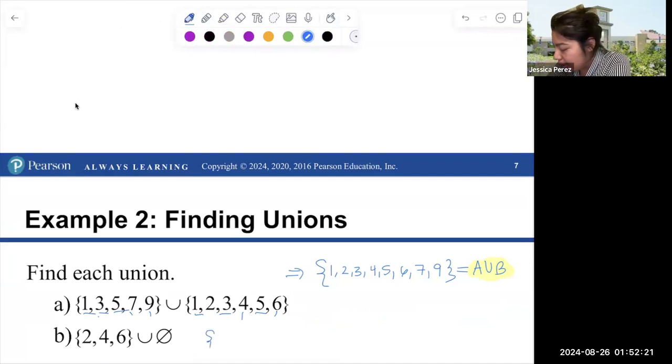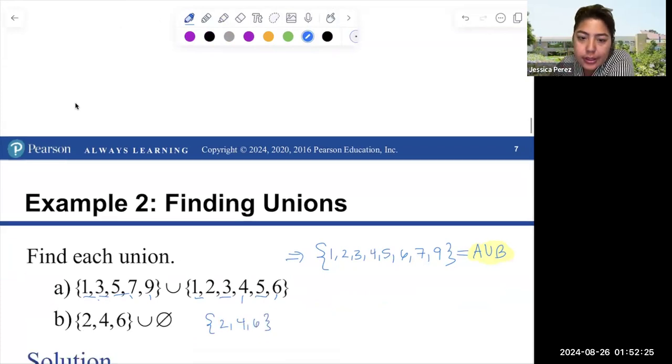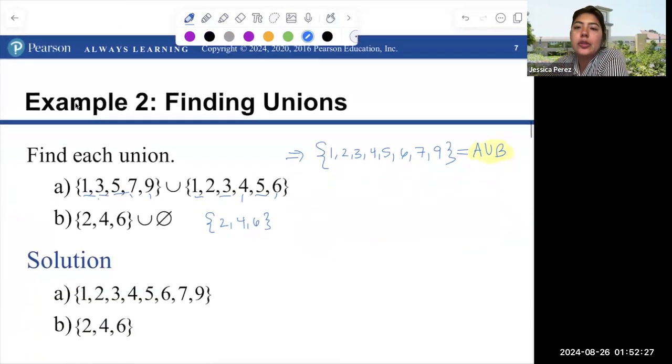Well, that means it's all 2, 4, and 6, because the empty set doesn't show up. So when you are doing a union, you're not seeing what they have in common, but putting those together, so you have a bigger set. So 1, 2, 3, 4, 5 are here, but then you add 7 and 9 because the other set has them. So add those together, put them in the same set.